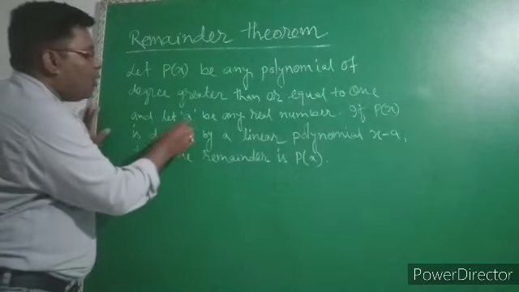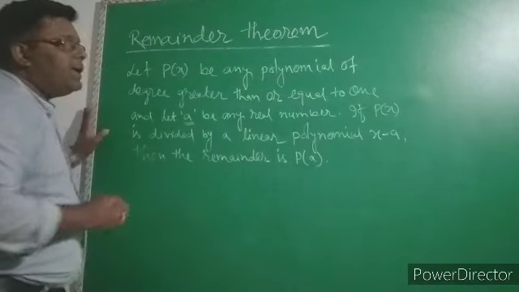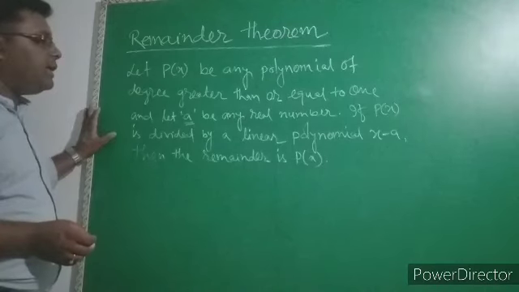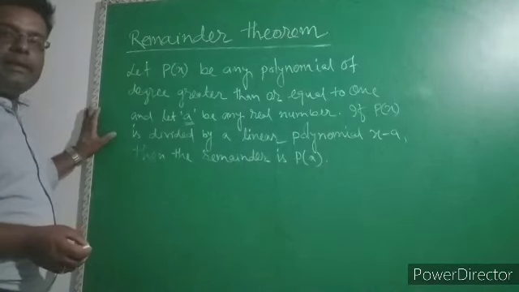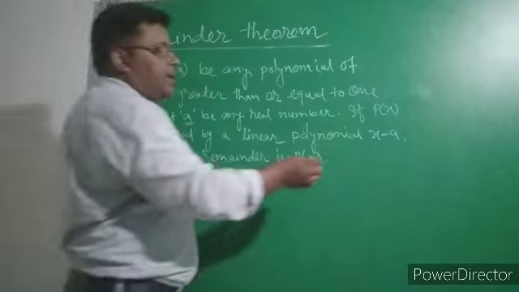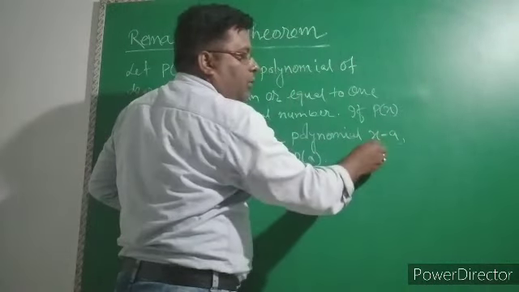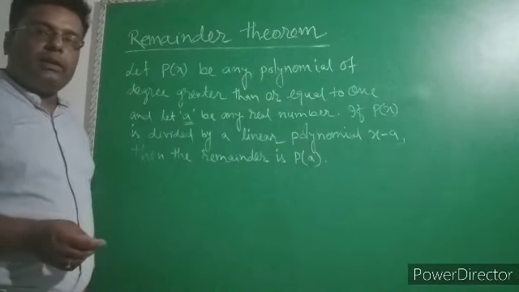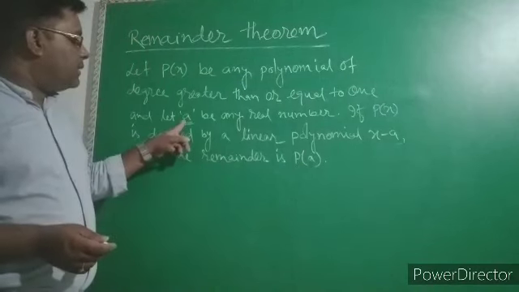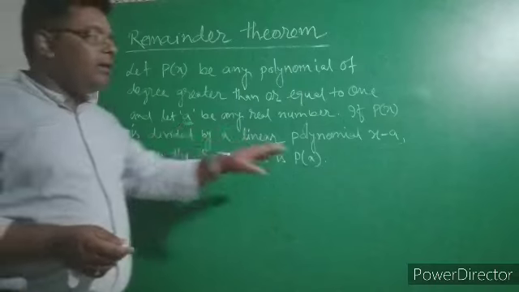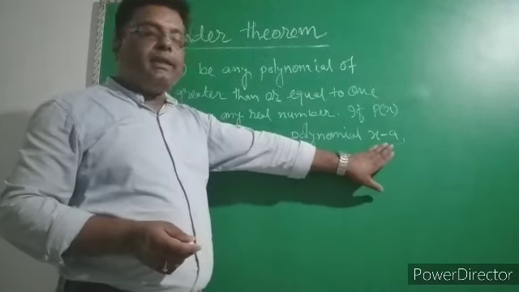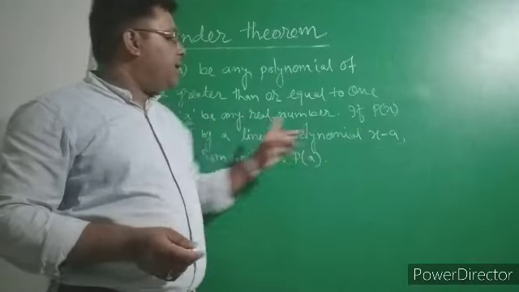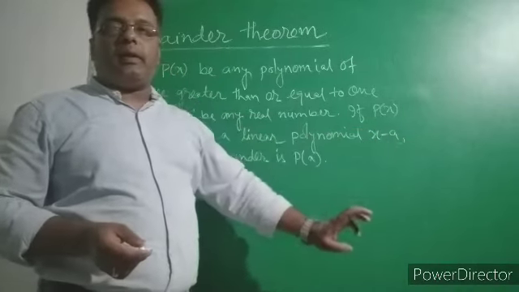And let a be any real number, and if p(x) is divided by the linear polynomial x minus a, that is, x minus a is a linear polynomial, the power of x is 1 only, and a is a real number. Now when p(x) is divided by x minus a, when you put x equal to a here, a minus a becomes 0, that is, a is the zero of this polynomial.